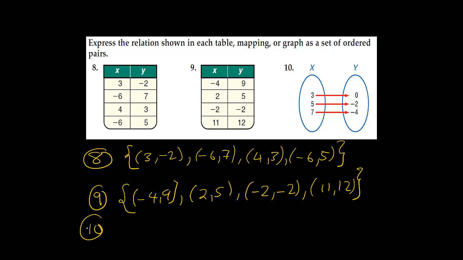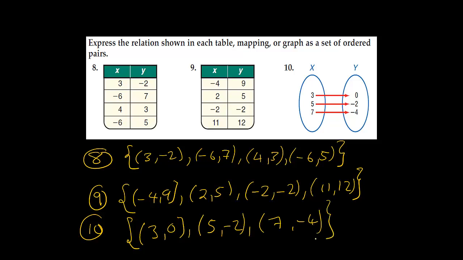And 10, oh, this one is not okay, at least they got straight lines, right? So that makes it easy. Open curly bracket, 3 comma 0 close, comma, 5 comma minus 2 close, comma, 7 comma negative 4 close curly bracket. And that's how you do this.